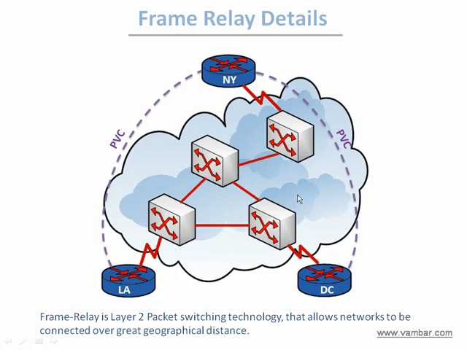So, for example, the New York router identifies the virtual circuit to LA with a DLCI number 100, whereas LA identifies that same virtual circuit with a DLCI number 200. In other words, the Los Angeles router says that if it wants to go to the New York router, it needs to use DLCI number 200.